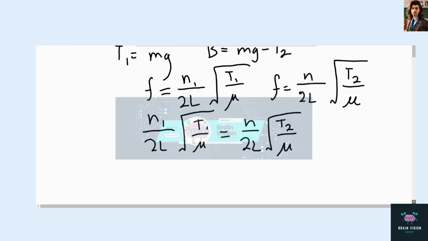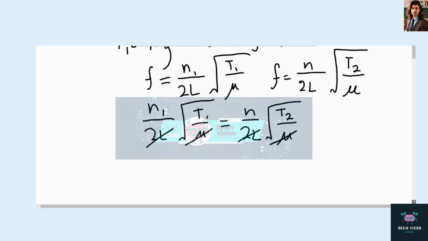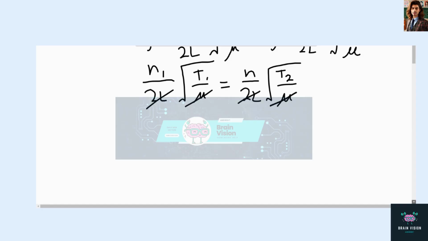We can start simplifying this a little bit. We have 2L in the denominator on both sides and the square root of mu in the denominator of both sides. And we're going to solve this equation for T2. We can do that by squaring everything. So we have n1 squared times T1 is equal to n squared times T2.